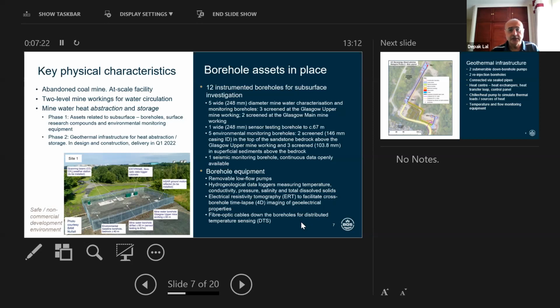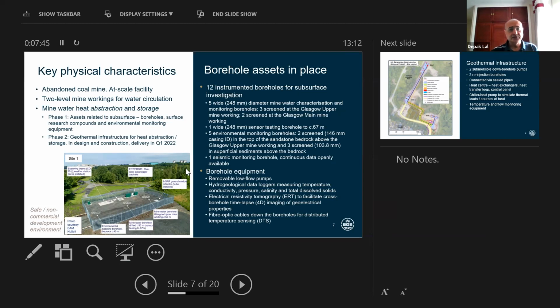And we have fibre optic cables down the boreholes to measure distributed temperature sensing. And we also have some copper down those fibres so that we can inject heat into the ground and monitor the transfer of heat.